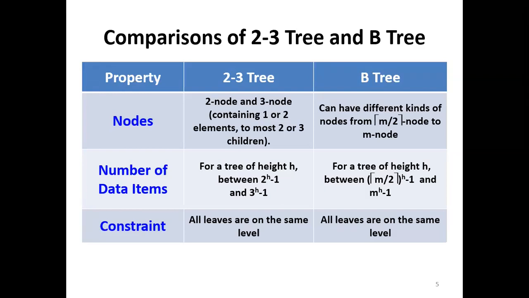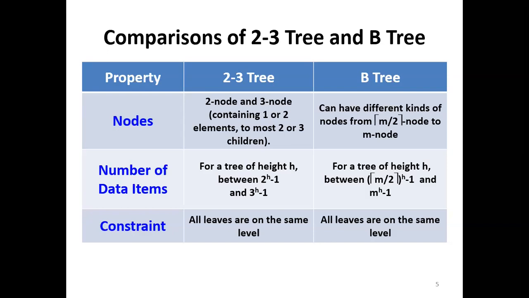So comparing the 2-3 tree and the B tree, based on the nodes, a 2-3 tree contains 2 nodes or 3 nodes. Recall that a 2 node is a node that has 1 data item, and a 3 node is a node that has 2 data items.